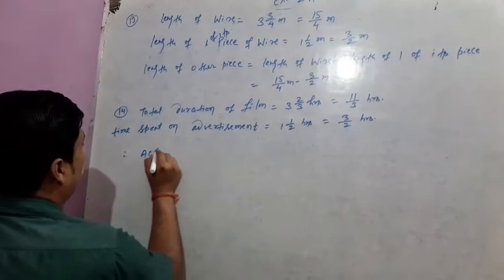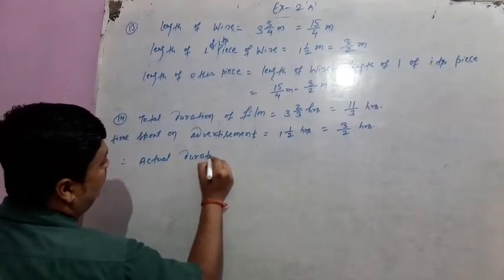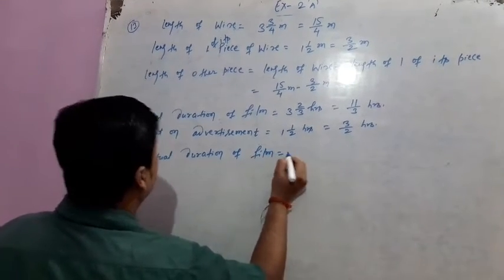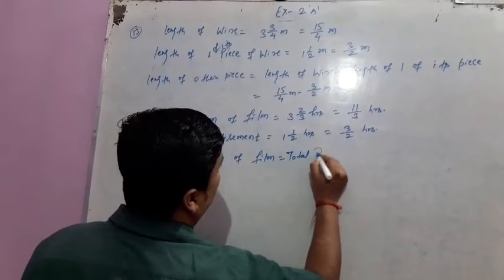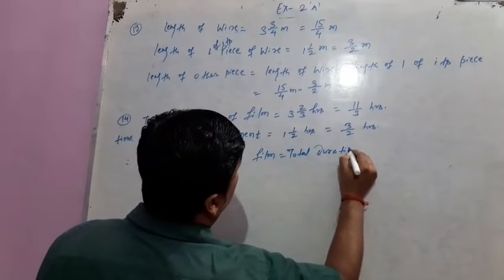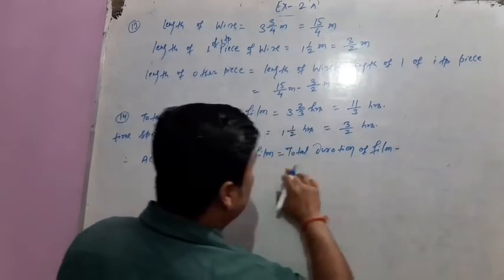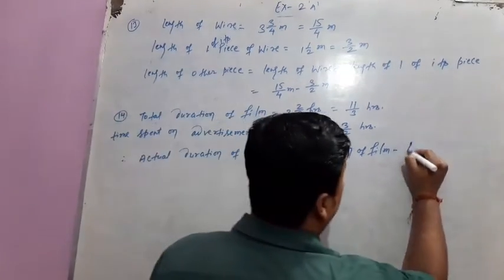Therefore, the actual duration of film is equal to the total duration of film, and from this value we have to subtract the time spent on advertisement.